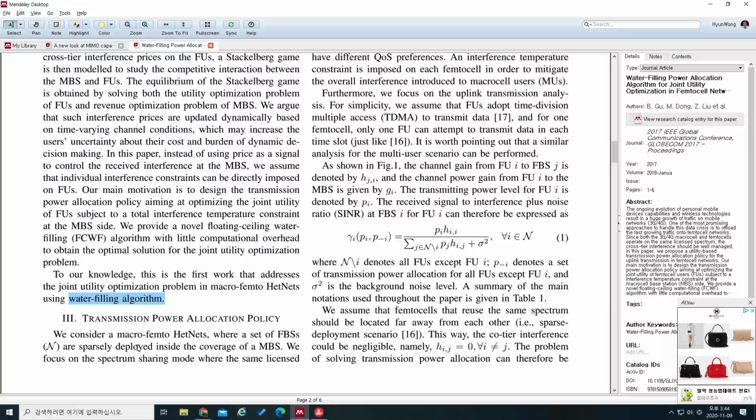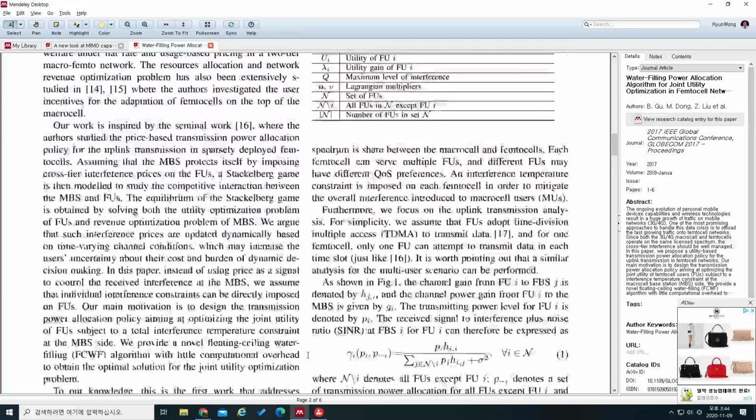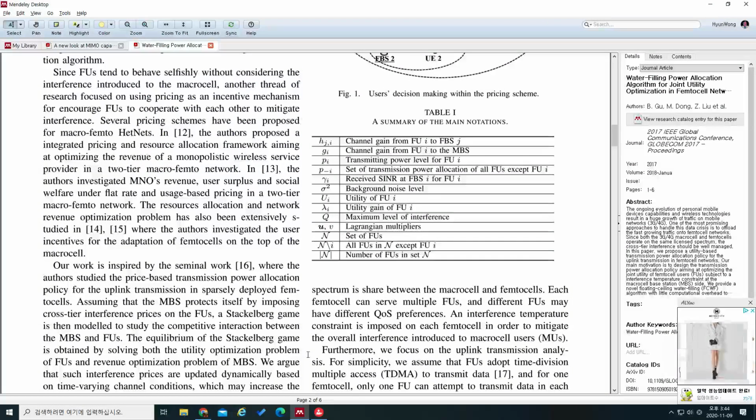We consider a macro-femto heterogeneous network where a set of FBSs are sparsely deployed inside the coverage of the MBS. We focus on spectrum sharing mode, where the same licensed spectrum is shared between the macrocell and femtocells.